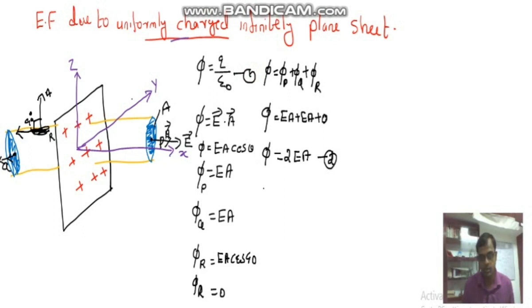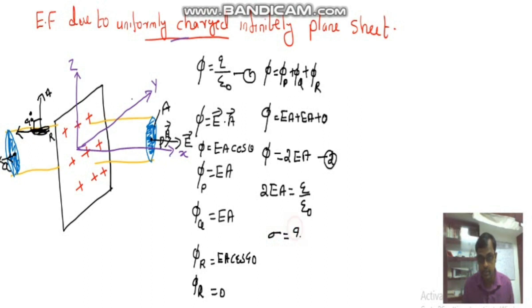Left hand sides are equal, so you can write 2EA is equal to Q by epsilon naught. In the previous lesson we learned about charge density. Here the charges are distributed along the surface, so we use the surface charge density sigma.